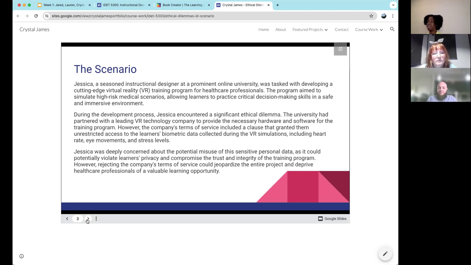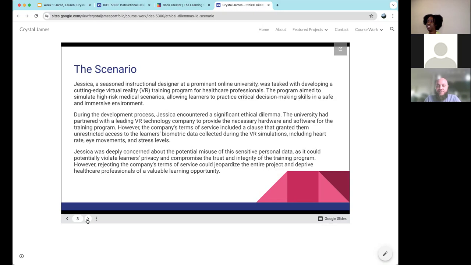The university had partnered with a leading VR technology company to provide the necessary hardware and software for the training program. However, the company's terms of service included a clause that granted them unrestricted access to the learners' biometric data collected during the VR simulations, including heart rate, eye movements, and stress levels.